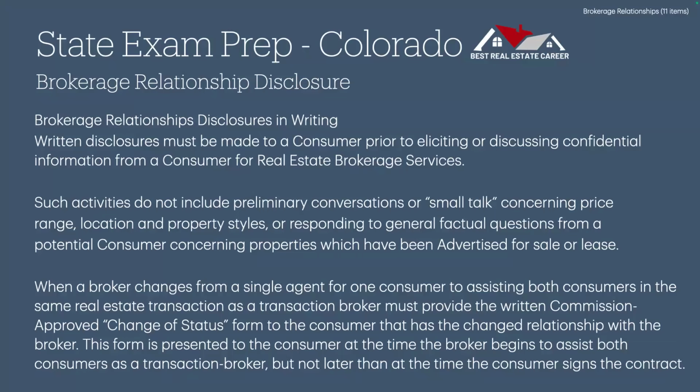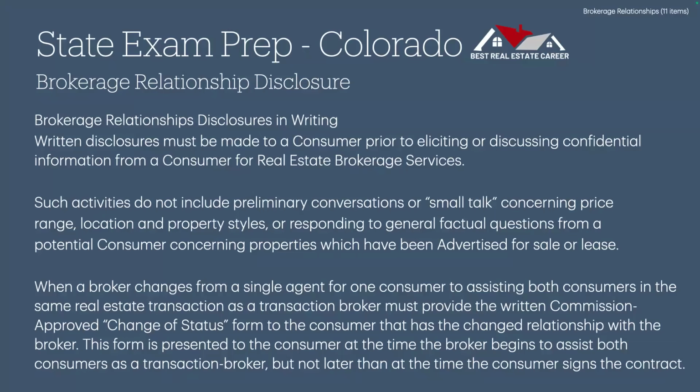So let's talk about transaction brokerage a little bit. A consumer may enter into either a transaction broker relationship or an agency relationship with a broker for any type of real estate transaction. Now, here's the thing. We already talked about the office policy. So your office policy is going to let you know if you can or you can't. There's going to be brokerages that say you can't be a transaction broker in a single deal, right?